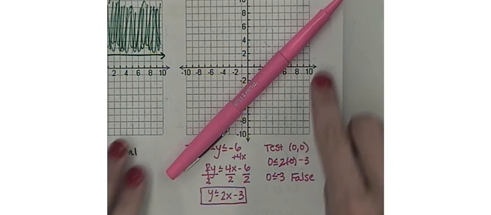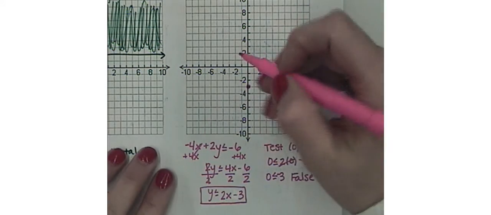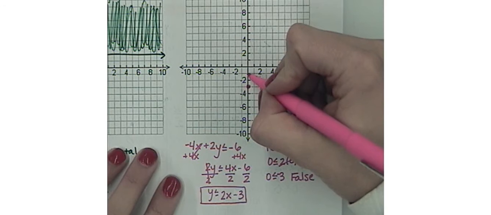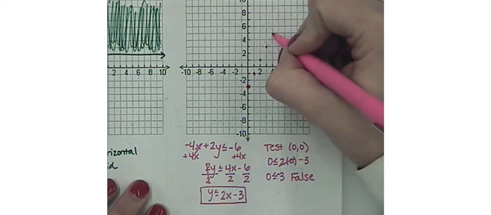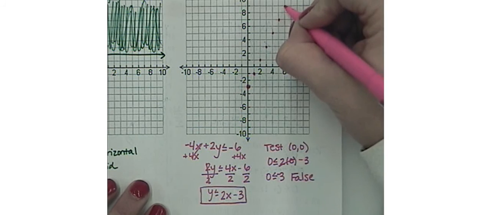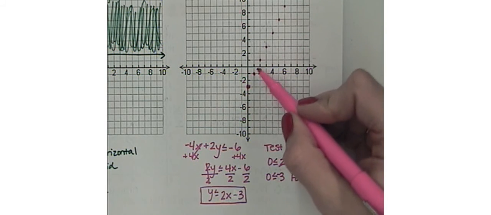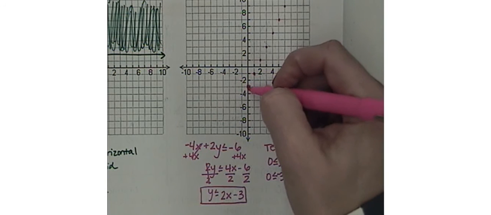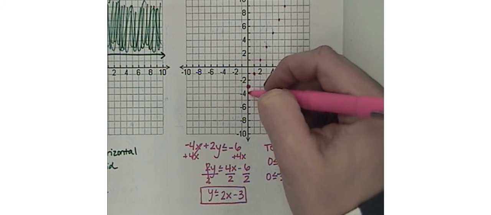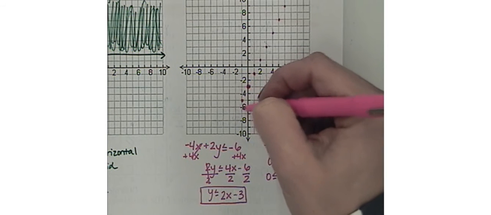Okay, it's going to be rising. So I'm going to go up 2, right 1, up 2, right 1. But I want my line to cover the whole graph because that's going to help me shade. So now I'm going to go back to my y-intercept of -3, and I'm going to go down to left 1.